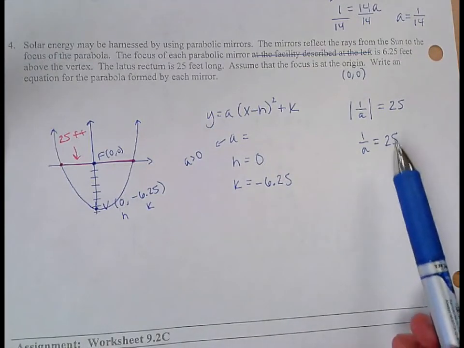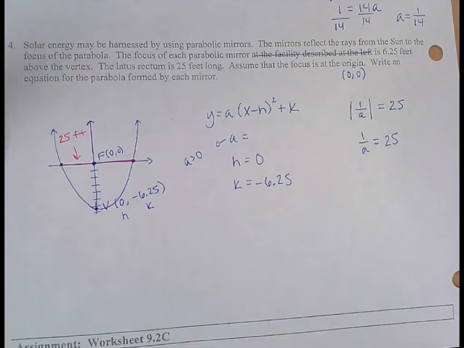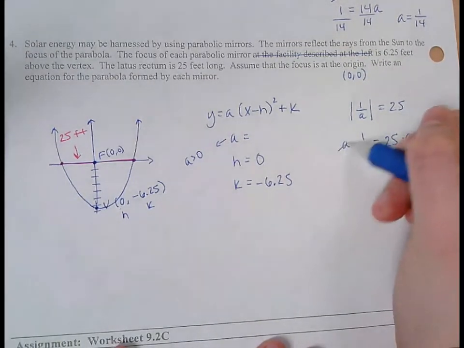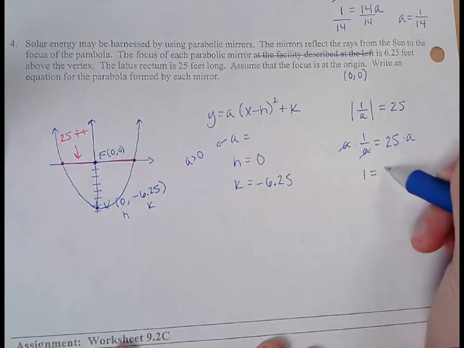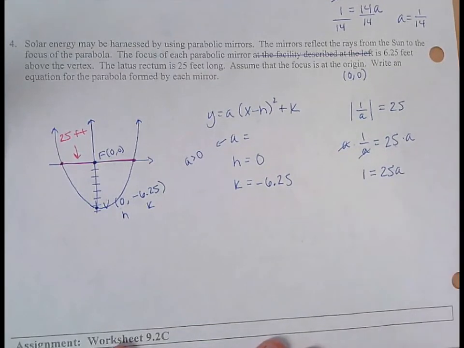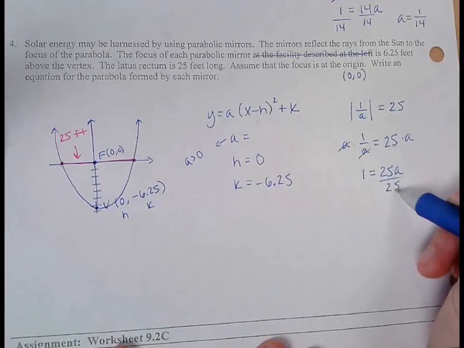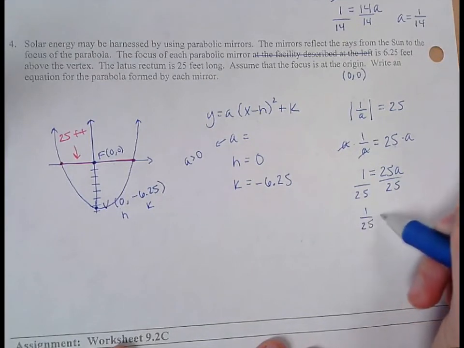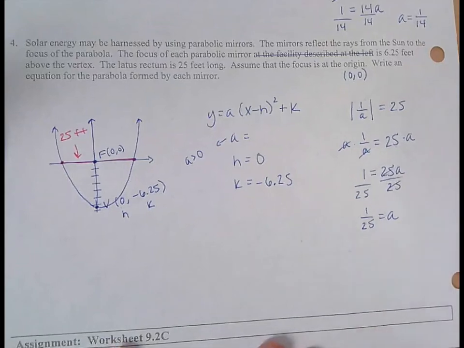Then, to solve for a, I can multiply both sides by a. So I have 1 equals 25a, and then divide by 25. So I would get a is 1/25.